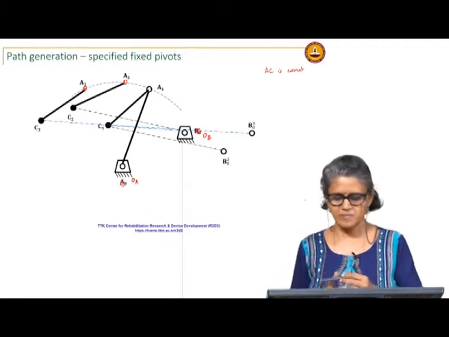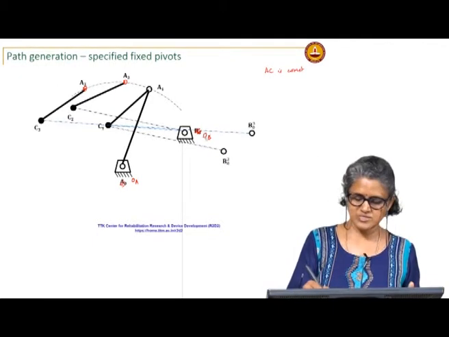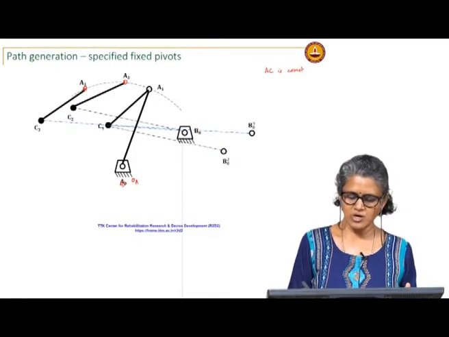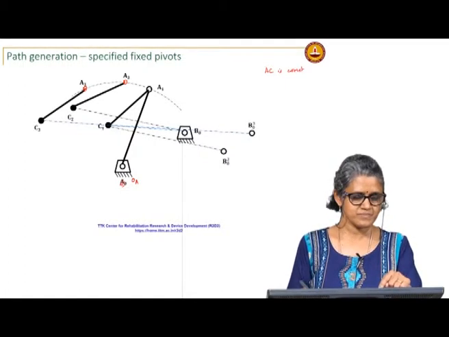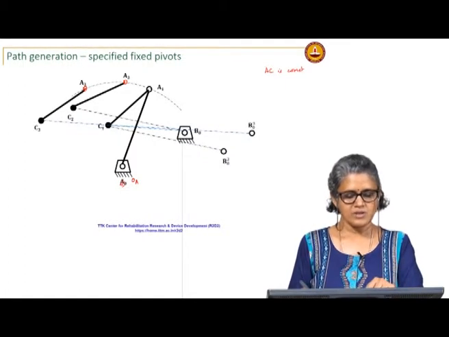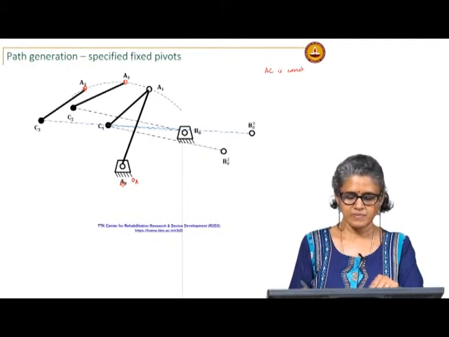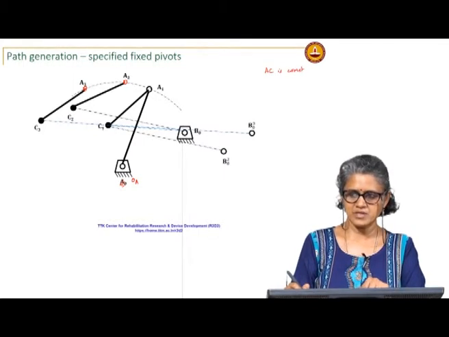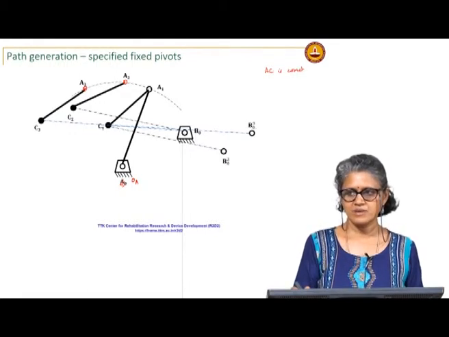Since I have used B naught, this is B naught as observed from the second position transferred to the first position. This is B naught as observed from the third position transferred to the second position.